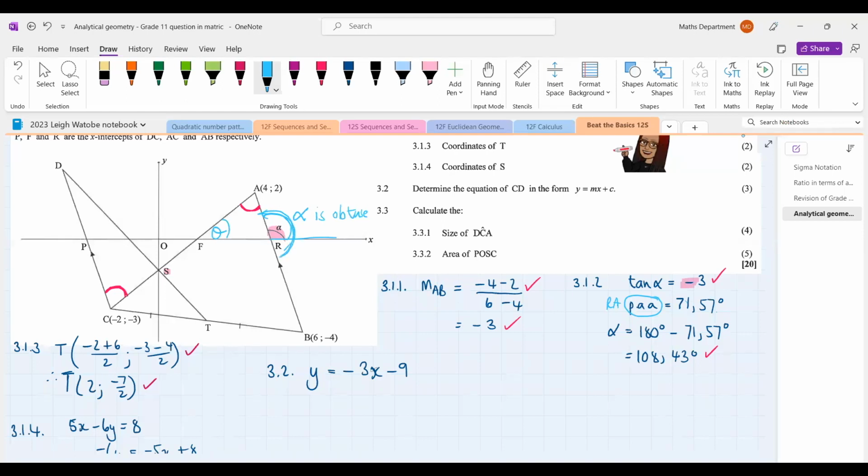It's a straight line. So this 71,57 is this bit that I'm coloring in blue. Alpha is going to be 180 minus this bit in blue. Does that make sense now? Yes, ma'am, it does. Thank you. Thank you all, ma'am. It's a pleasure.